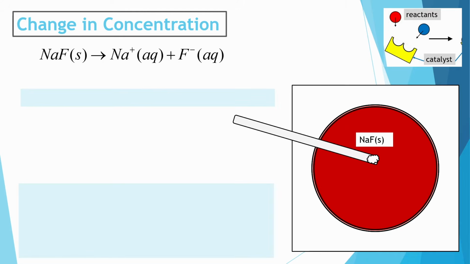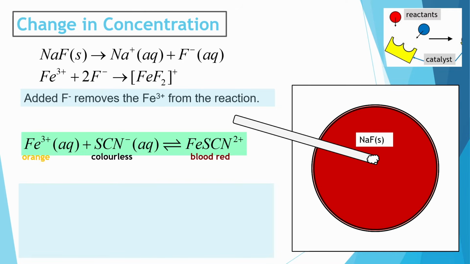We can also change the concentration in the following way. In this case, I'm adding some sodium fluoride. What you need to know is that the fluoride will react with iron 3+ and turn it into a different species, so it's essentially removing the iron from the equation. So if I have this reaction at dynamic equilibrium again, we're removing the iron.